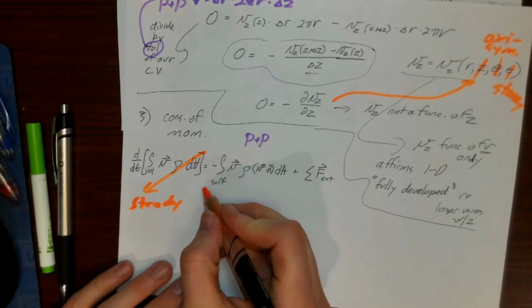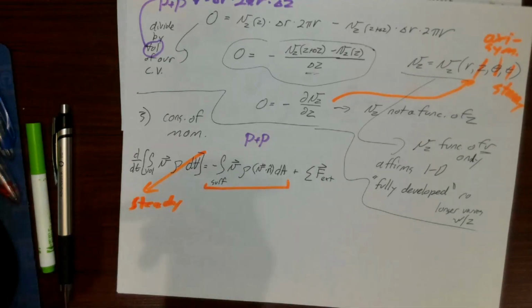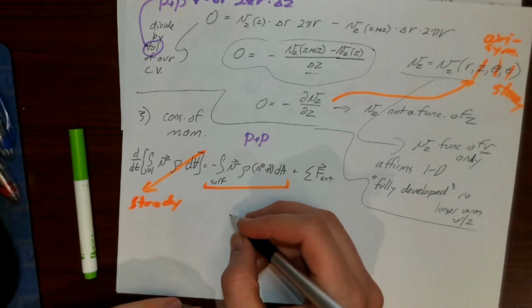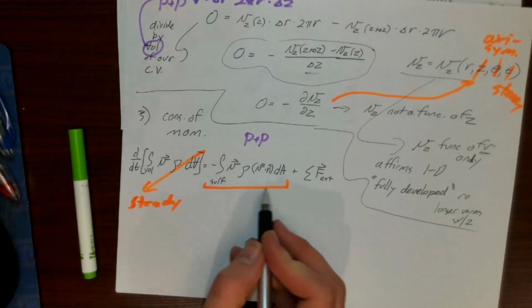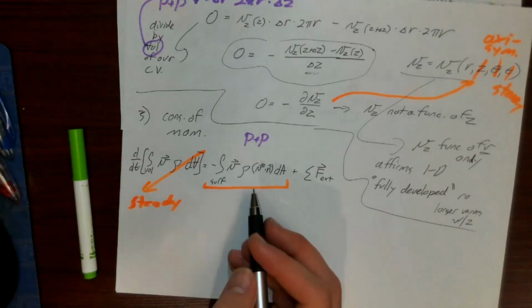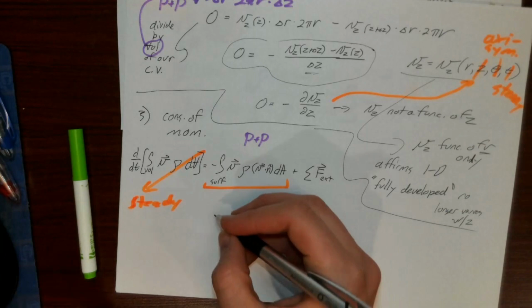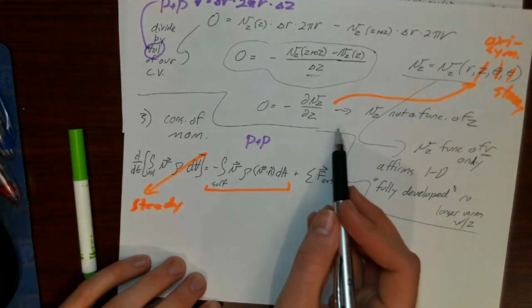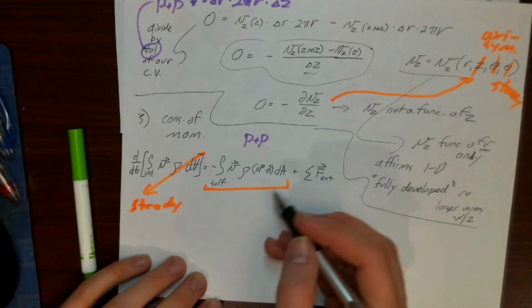What can we say about this term? Can we make any simplifications here? What does this term become for conservation of momentum? I'll give you a hint. Let's think about our results from conservation of mass.